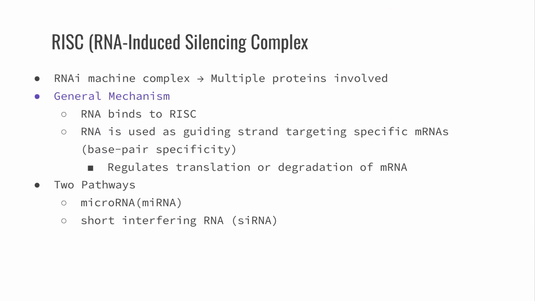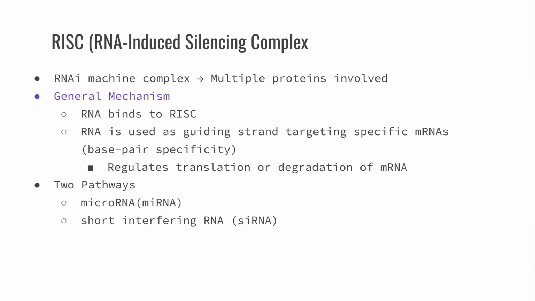All right, so going further into RNA-induced silencing complex or RISC. It is an RNAi machine complex with multiple proteins involved. The general mechanism is that RNA binds to RISC, and RNA is used as a guiding strand targeting specific mRNAs. So the RNA we're talking about that is targeting specific mRNAs is miRNA, and it recognizes specific consensus sequences on the mRNA by base pairing.